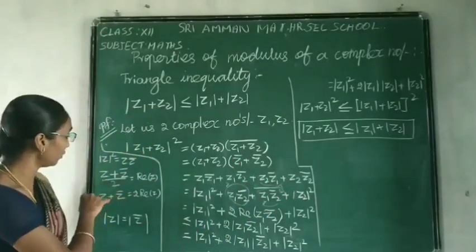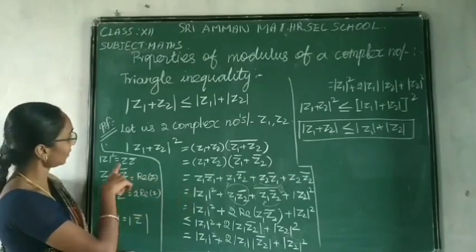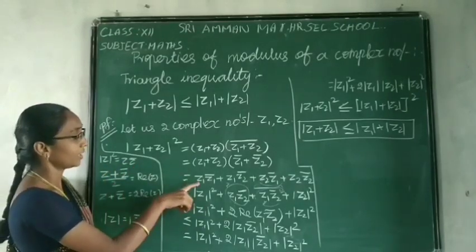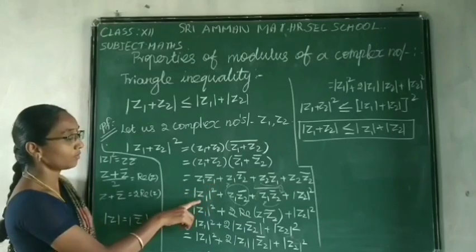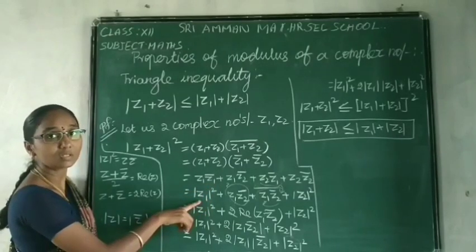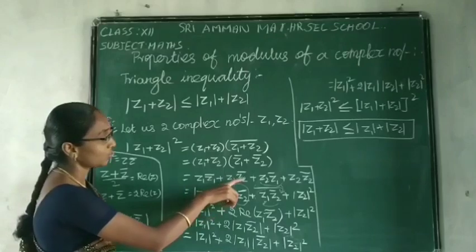You already know modulus of z square equals z z bar, so z1 z1 bar is modulus of z1 square, plus z1 z2 bar.